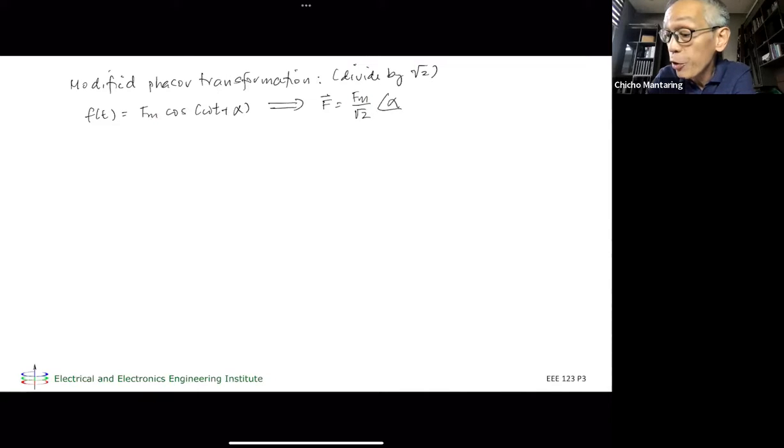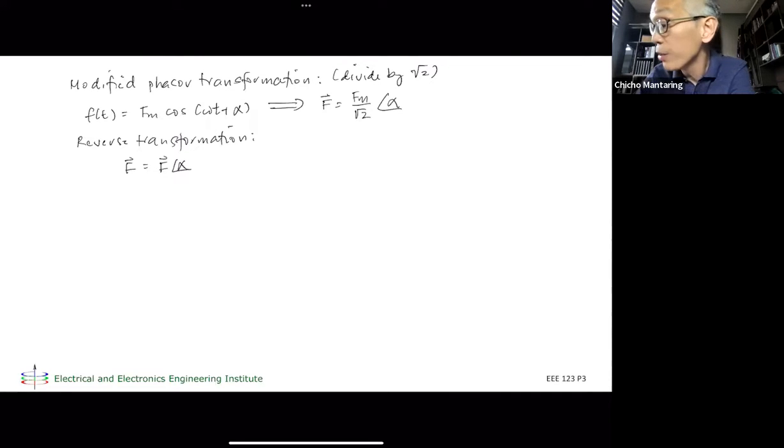And then the reverse transformation, if I have F is equal to, let's say, F at an angle alpha.